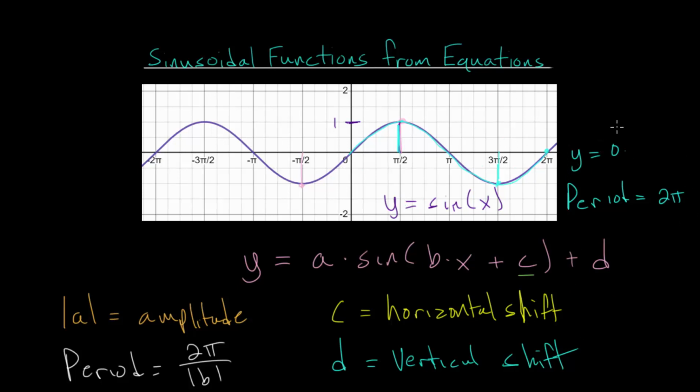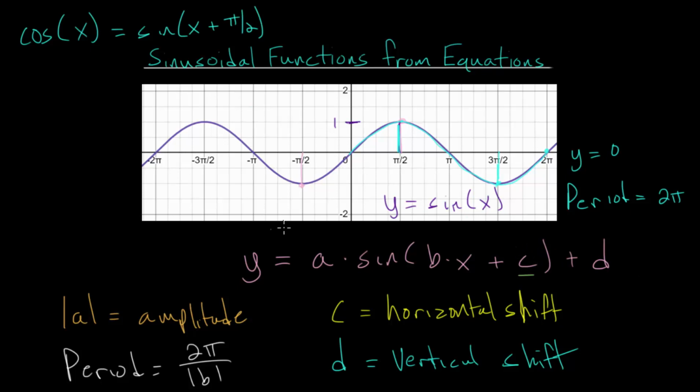And all of this would be true for the cosine of x. It would have the same amplitude, midline, and period, since remember that the cosine of x is really just the sine of x, but shifted pi over 2 radians. That has to deal with this value c.